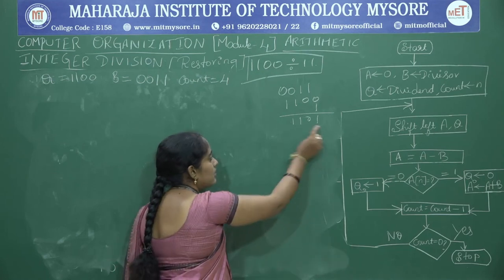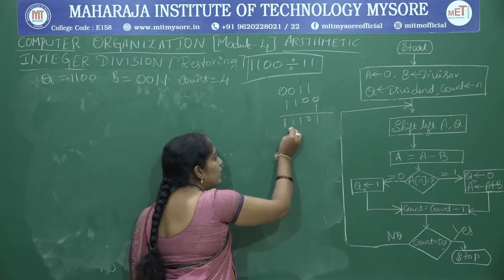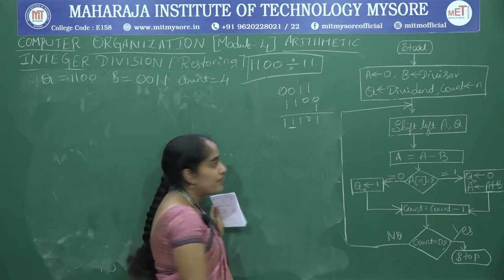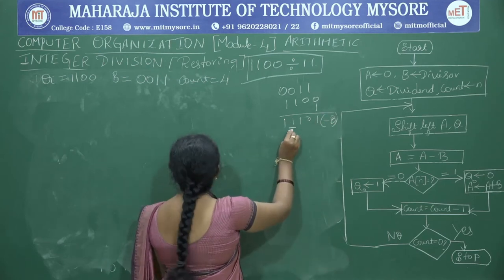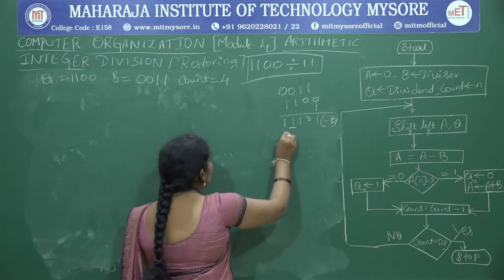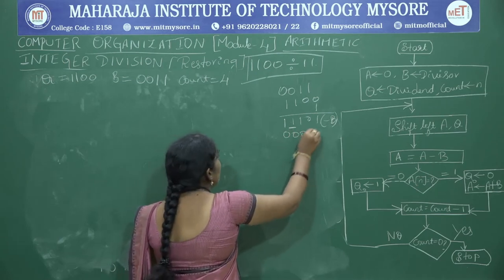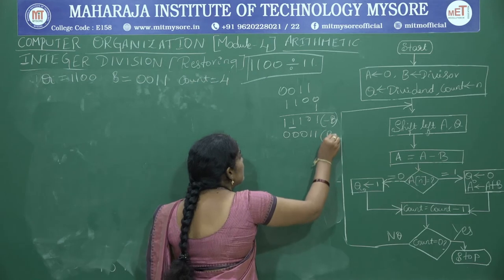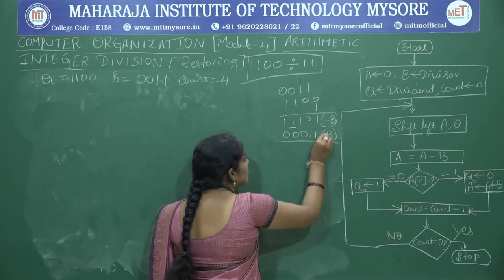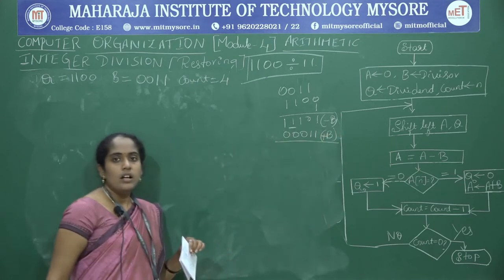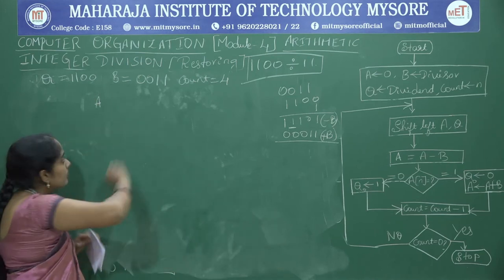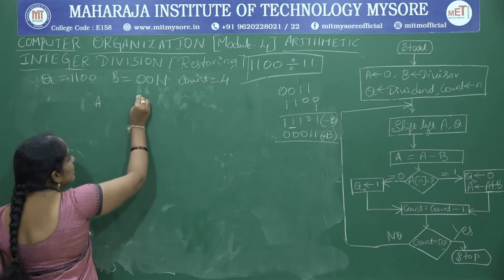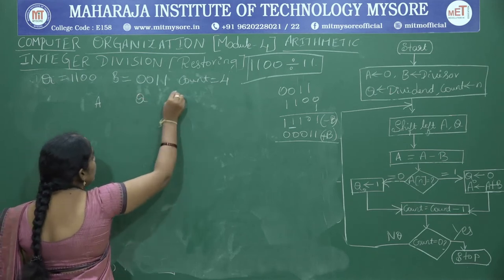So you need to make this into 5 bits. So for that you need to extend the sign bit. This is the minus B value. Okay. So plus B is 0011. This is plus B. Okay. Now this is A and this is Q and count.